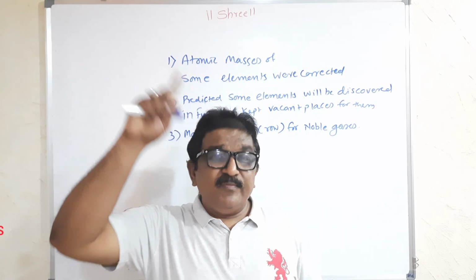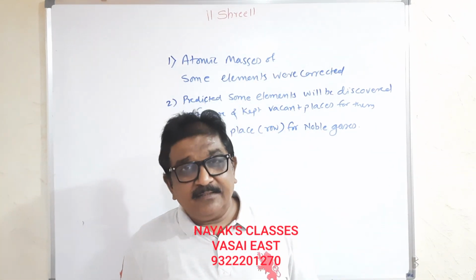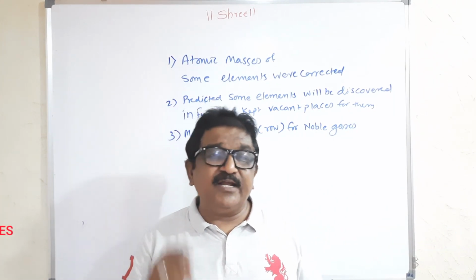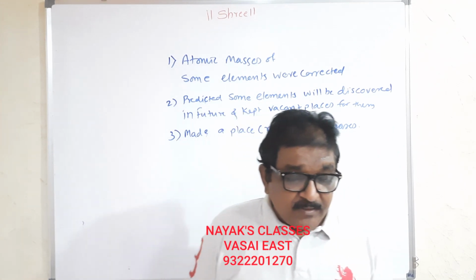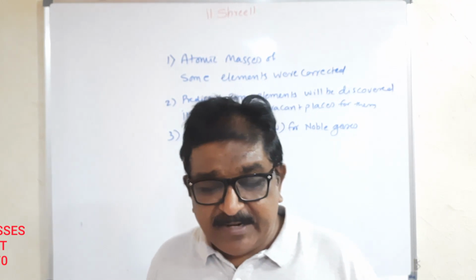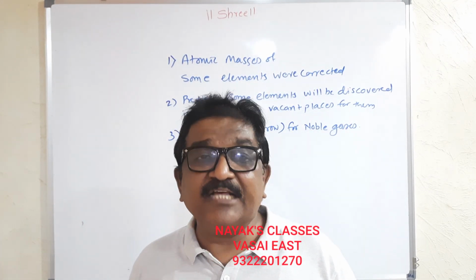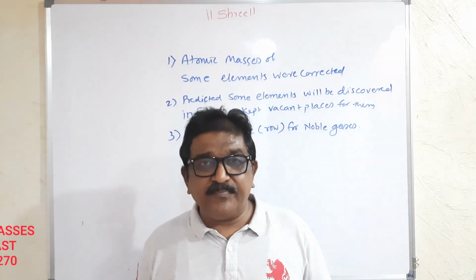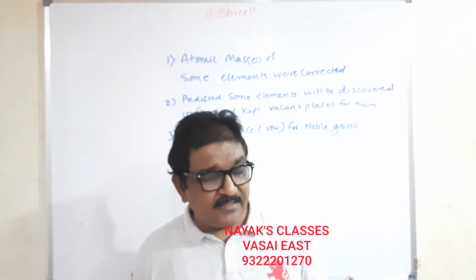These elements will be discovered in future, and he had predicted their properties also. How? Three of these unknown elements were given the names Eka boron, Eka aluminium, and Eka silicon. Eka means next, one place ahead or backside.